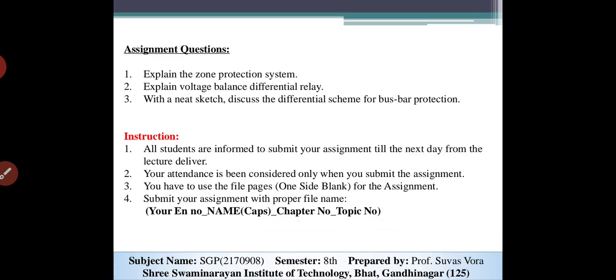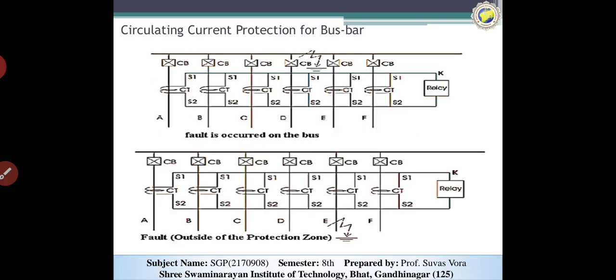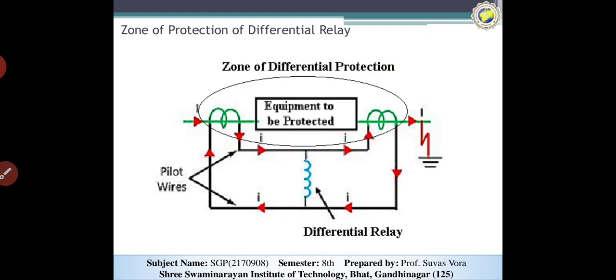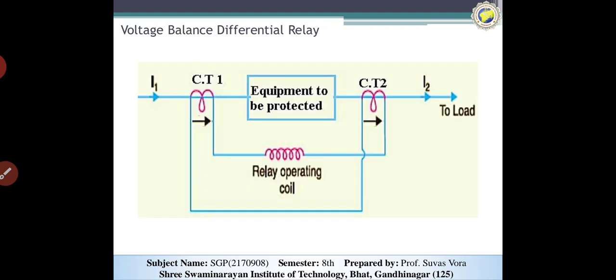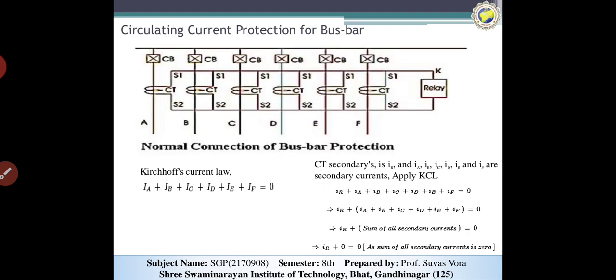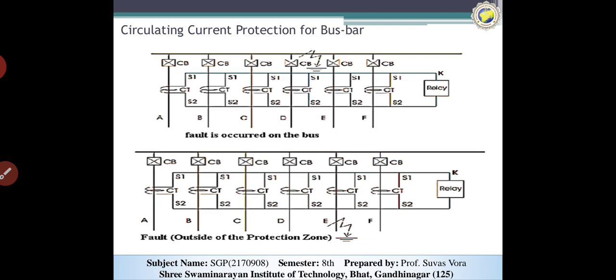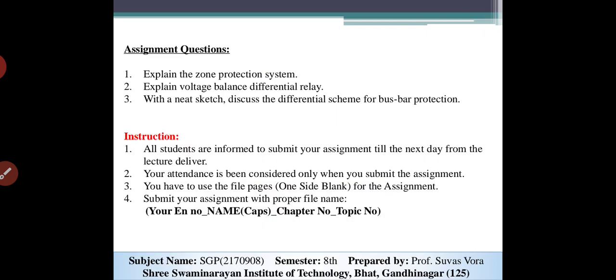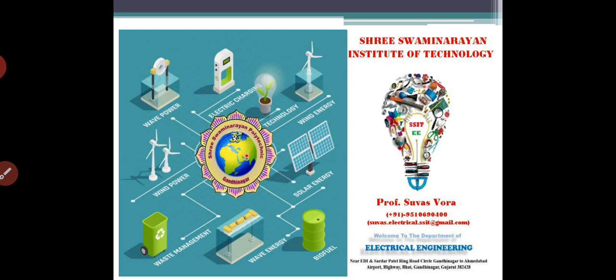Today we discussed the zone protection systems, then the voltage balance differential systems, then the circulating protection systems, and how to bifurcate zone A and zone B systems.